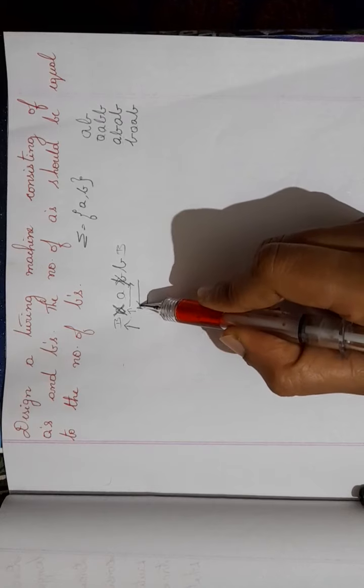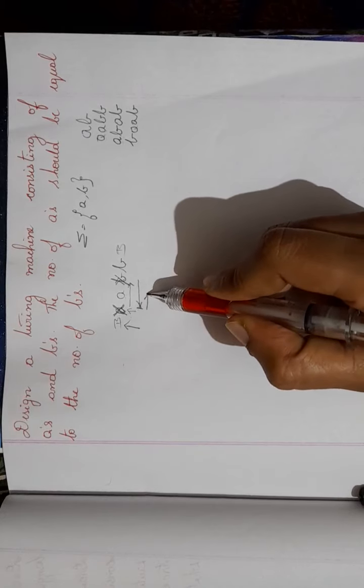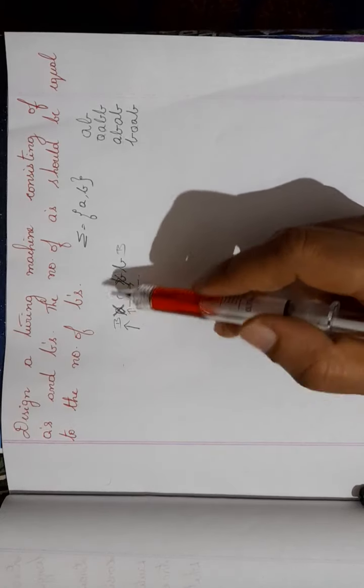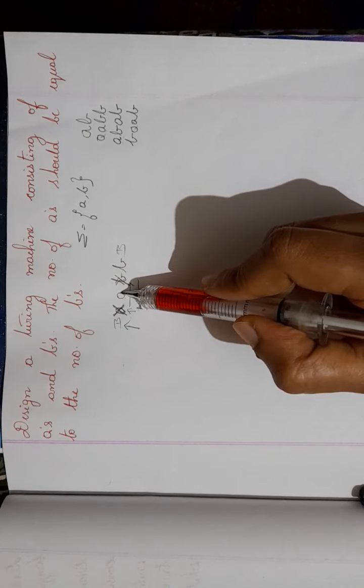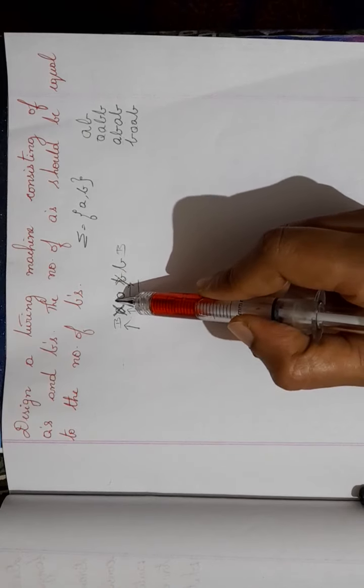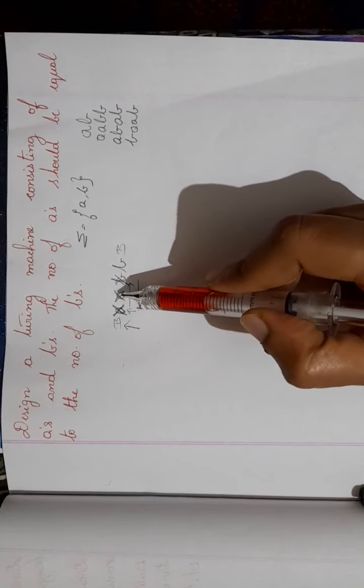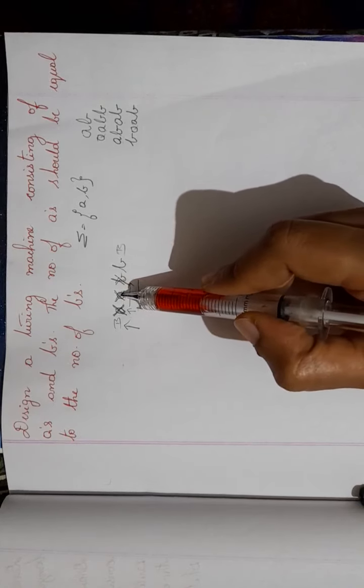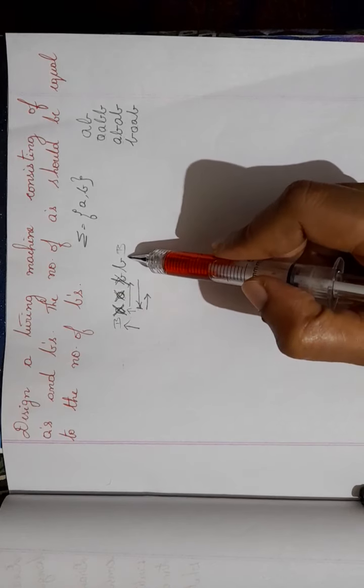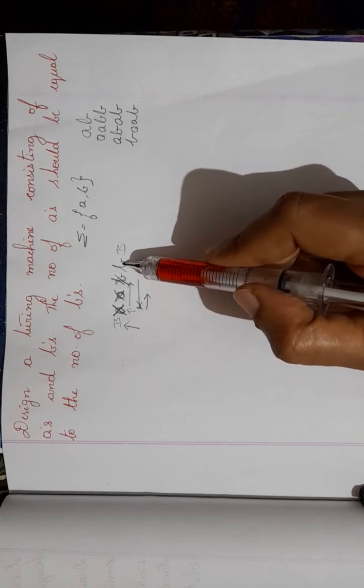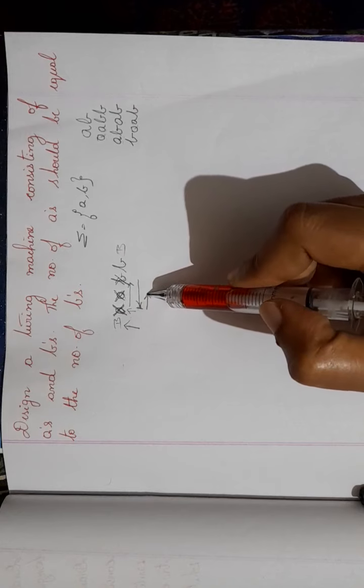So I was moving like this. Now I'll change the direction. Now the same thing again. I found one A. This A, I will change it to X. Now what should you do? Once you change A to X, you should keep on moving till you find the next B. So I will keep on moving towards right.